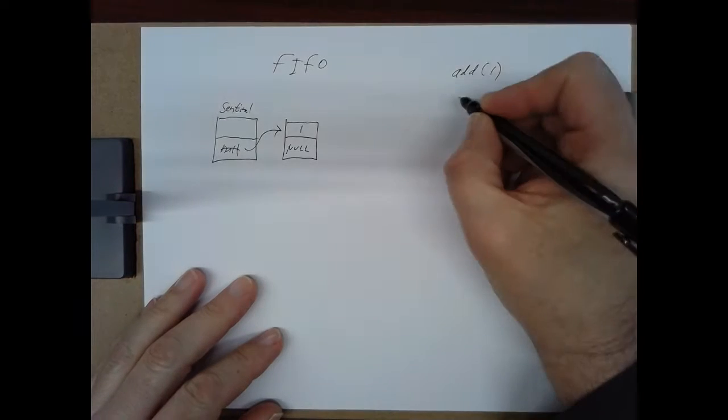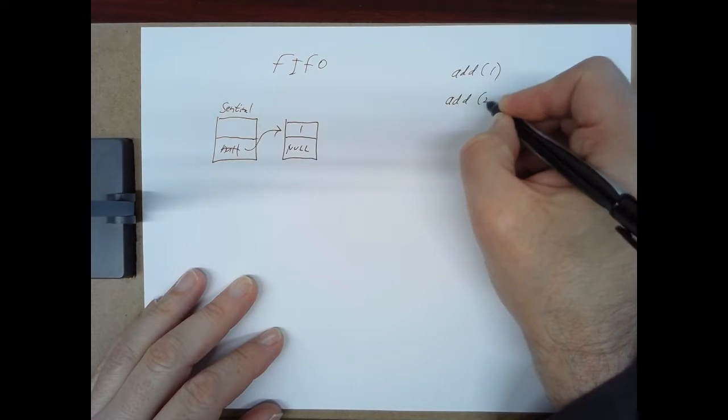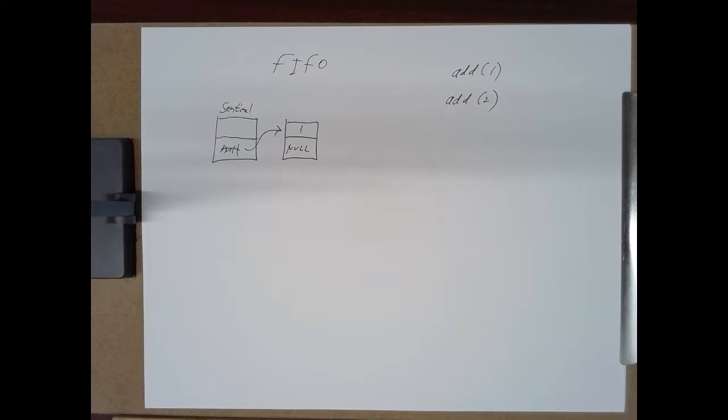Okay, now suppose we want to add a 2. There's 2 ways to do this. We can either add that to the beginning of the list or we can add it to the end of the list. And at some level, it makes no difference.